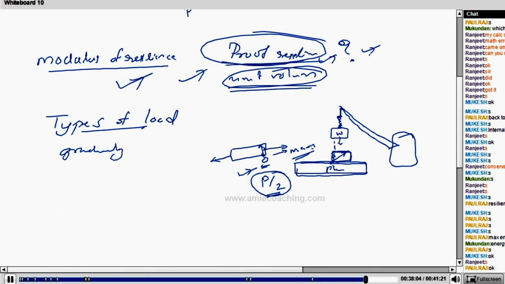Because in the initial stage, the load is not completely acted upon. Only 10 percent of the load is acted upon, then it rises to 20 percent, then 30 percent, and at last it comes to 100 percent. So it has to suffer an average load of about half of that load during its application.